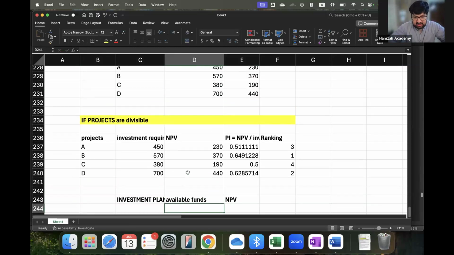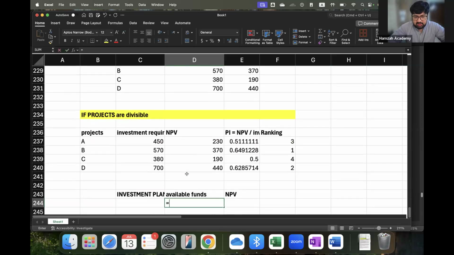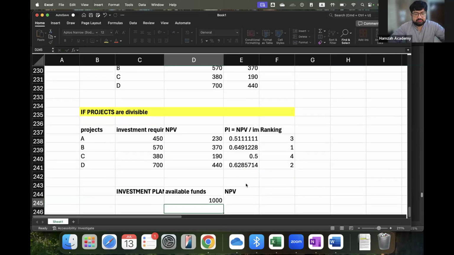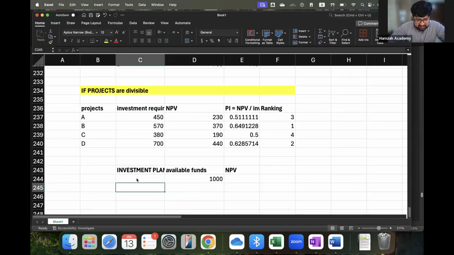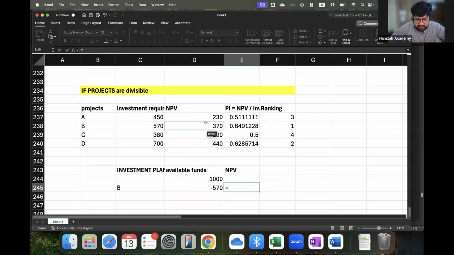Now available funds are how much? 1,000. So the first investment plan is the project with the highest profitability index, B. How much is the investment needed? This. NPV earned.